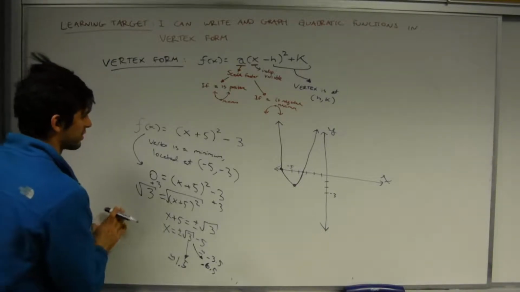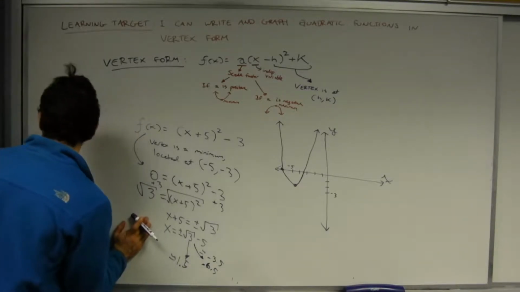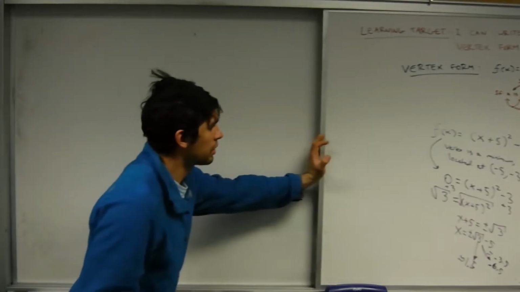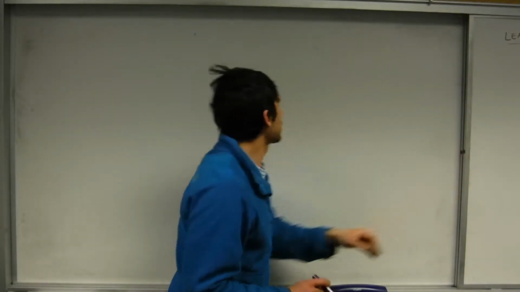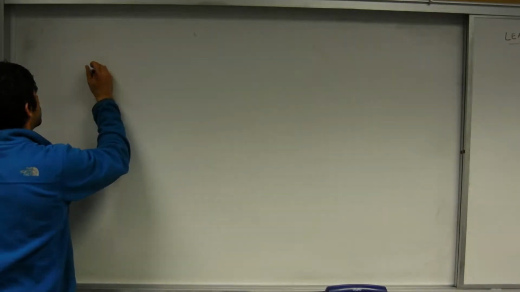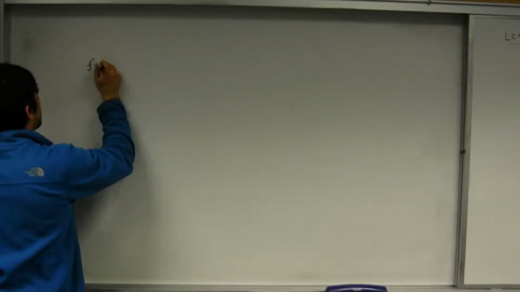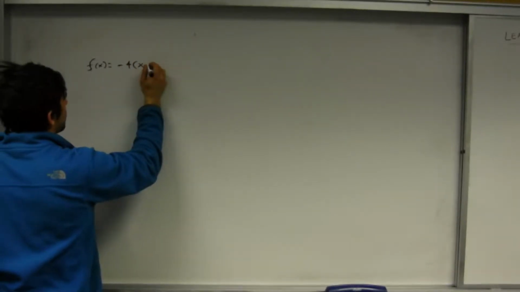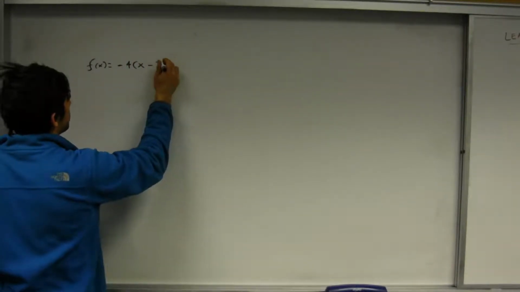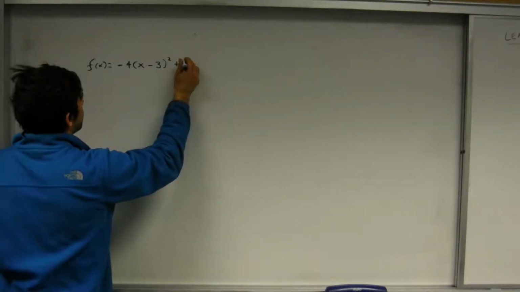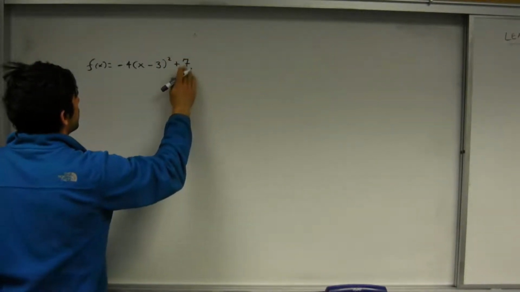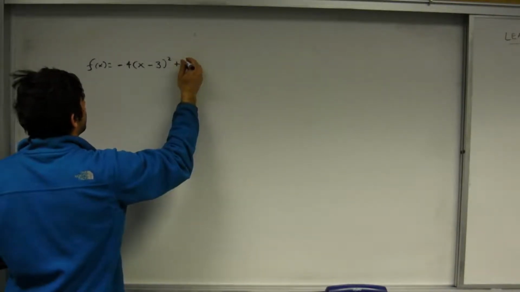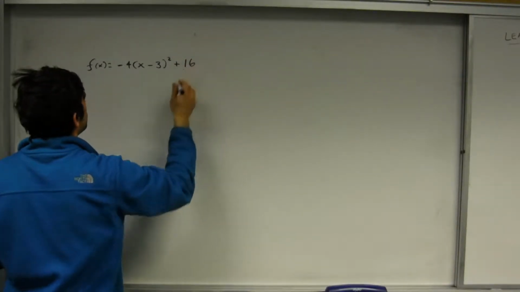So let's go through another example quickly. Let's do f of x is equal to negative 4 times (x minus 3) squared plus 7. Well, let's make this plus 16.